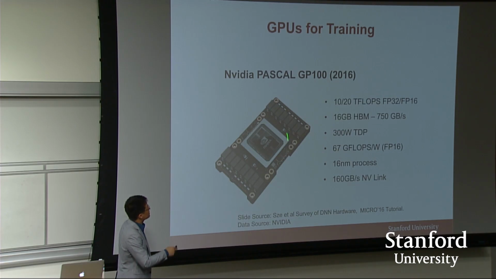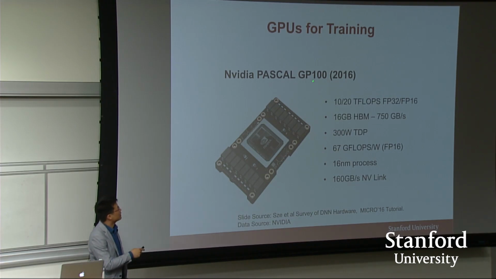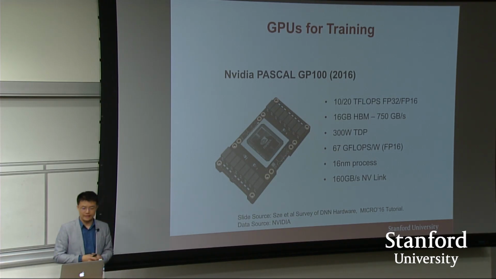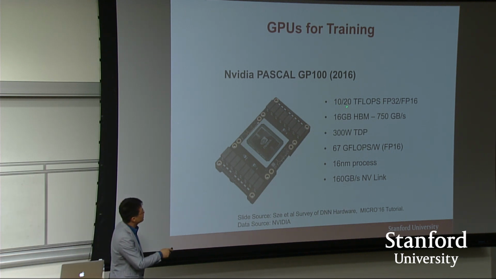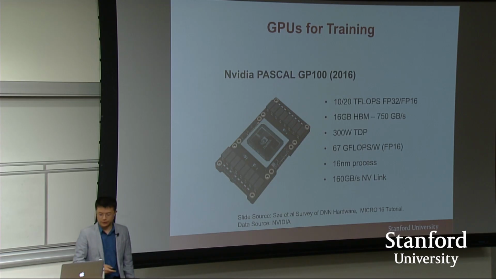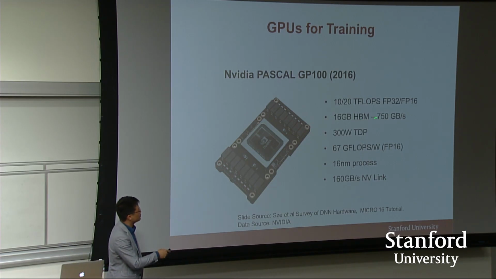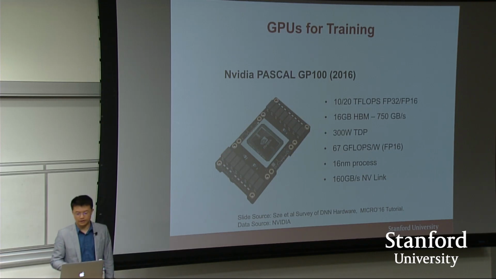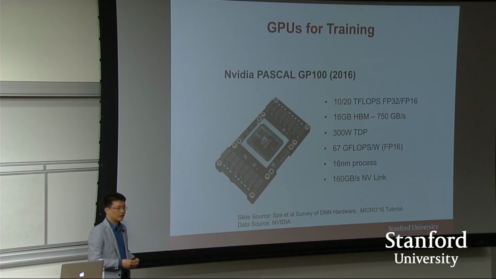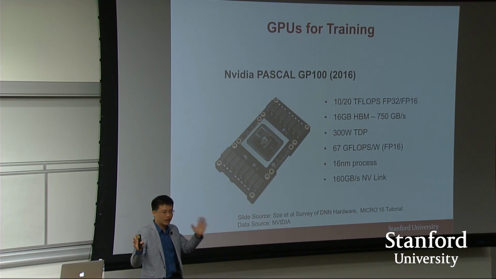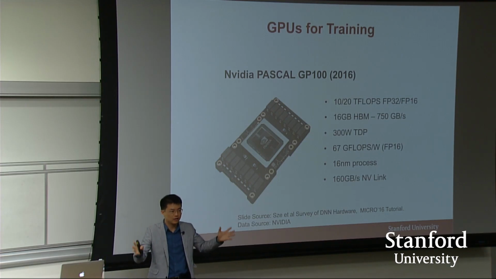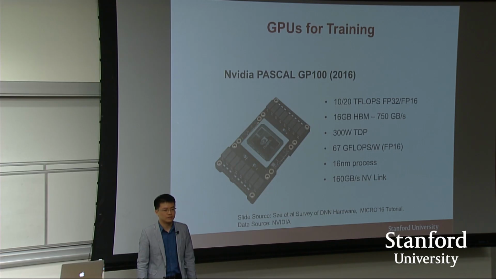This is the NVIDIA Pascal GPU, GP100, which was released last year. It supports 20 teraflops on FP16. It has 16 gigabytes of high bandwidth memory, 750 gigabytes per second. So remember, computation and memory bandwidth are the two factors that determine your overall performance.